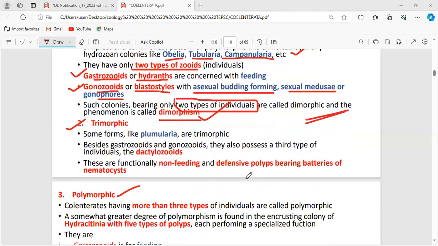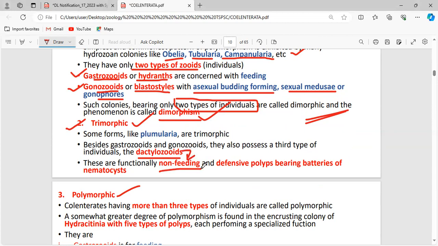Okay, fine. Trimorphic, as the name suggests, exhibits three different types of individuals. Besides gastrozoids and gonozoids, the third type is dactylozooids. Functionally, dactylozooids are non-feeding.